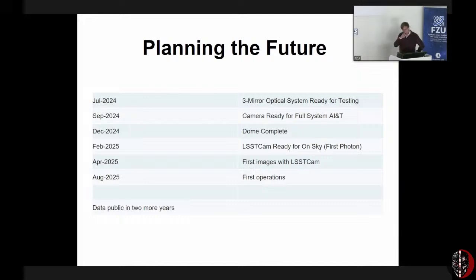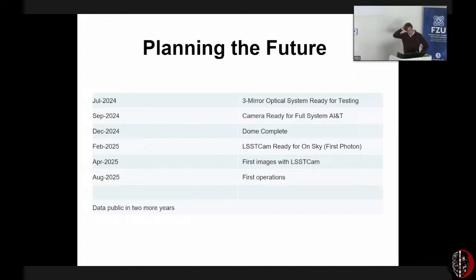So it will be shipped to Chile in a couple of months, and then by fall will be tested and then installed at the telescope. So February 25 is when the camera is ready for first photon. And then in a couple of months, there will be first images with the camera, and in August 25, first operations as planned now.